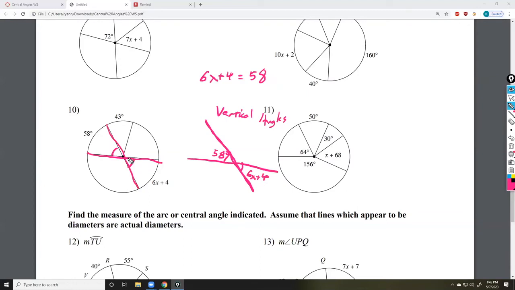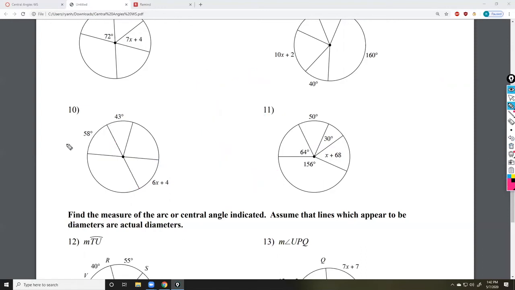If you wanted to trace your way around without the vertical angles, there's actually another way to do this. So you could use this diameter and trace your way around and say, oh, that's a bad tracing, but this is 58 and this is 43. So 58 plus 43. And then I've got a question mark. I don't know what this is.